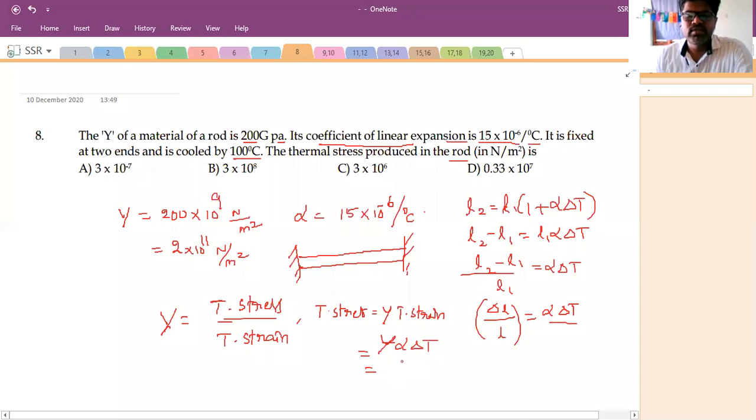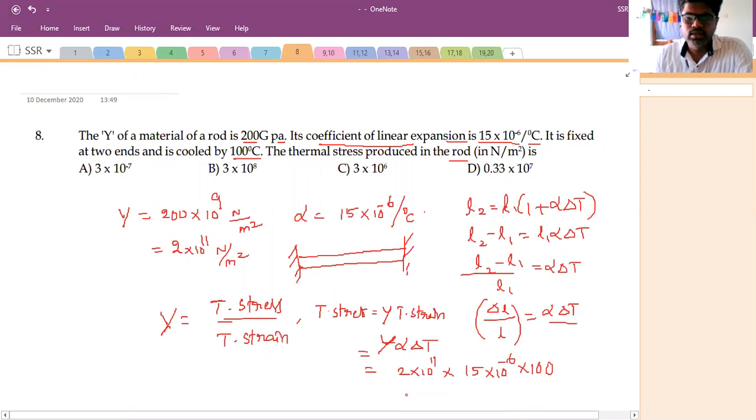Y is the Young's modulus, alpha is the coefficient of linear expansion, and delta T is the change in temperature. Y value is 2 into 10 power 11, alpha value is 15 into 10 power minus 6, and delta T is 100. Whether cooled or heated, the difference is 100, and the difference in Kelvin or degree Celsius is the same.